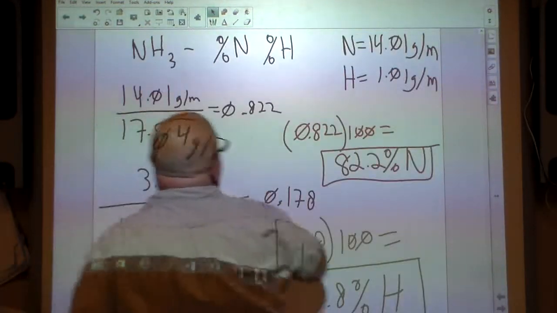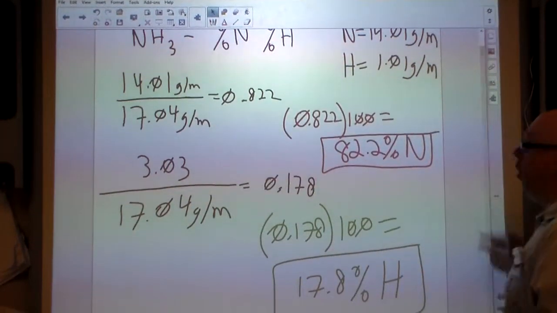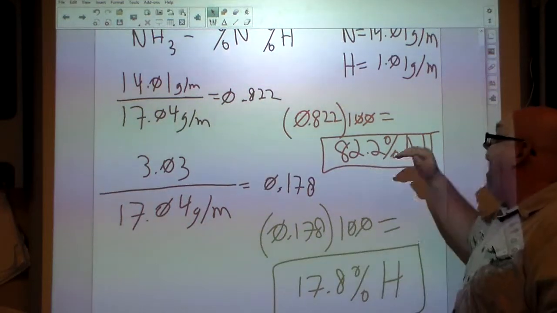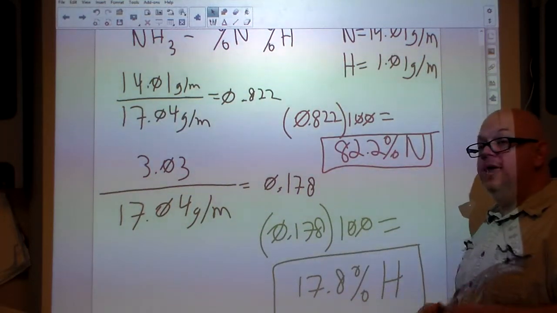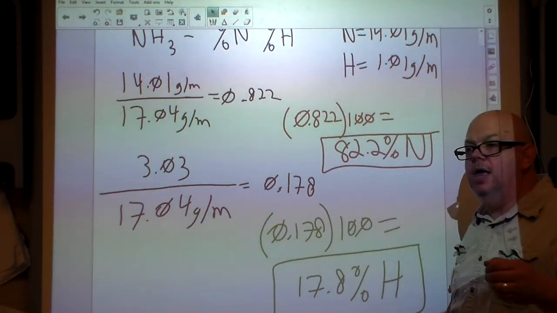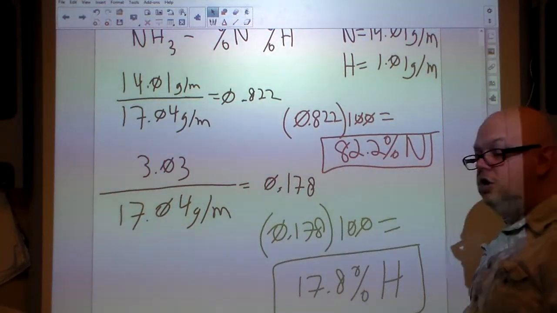We can also do the same thing going back to the ammonia. We can take the 17.8%, add it to the 82.2% to see if it comes out to 100%, which it actually does.